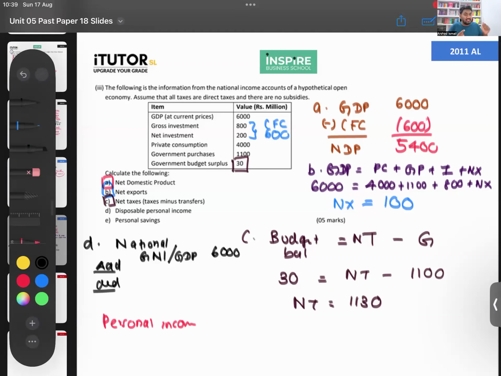You have to deduct consumption of fixed capital, undistributed profit, government property income. So all of those are not there in this question, but something is there. What is that? There are so many things to add and minus, but one thing is there. The CFC is there. Consumption of fixed capital.